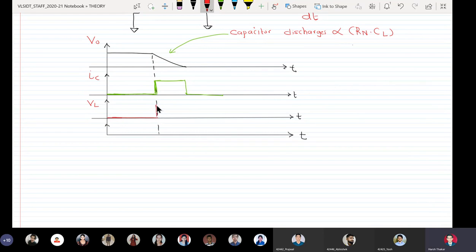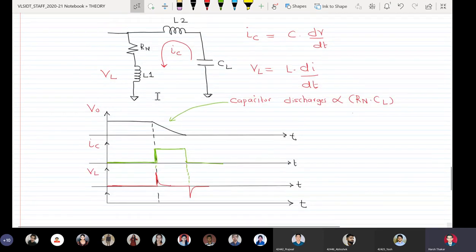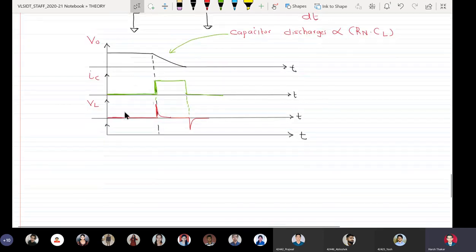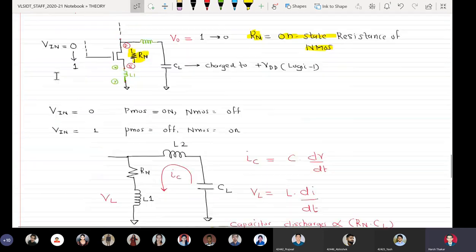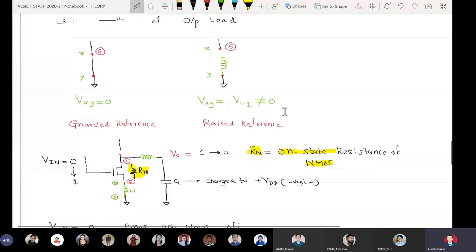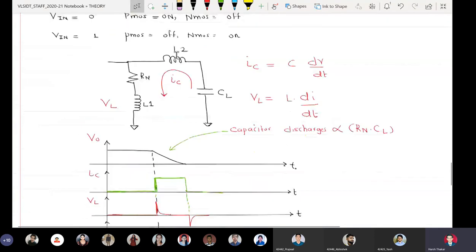One spike here, another spike here. Fine. Okay, so as we said here, Vxy is equal to VL.